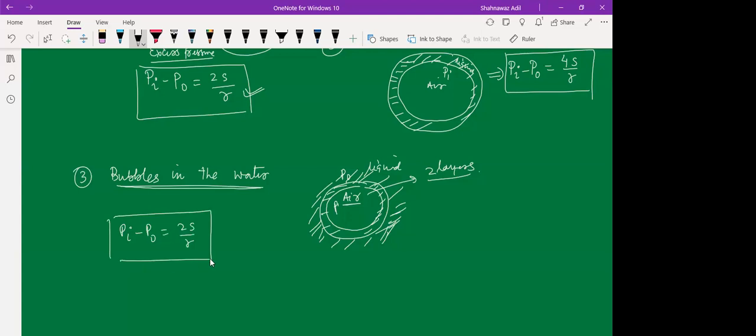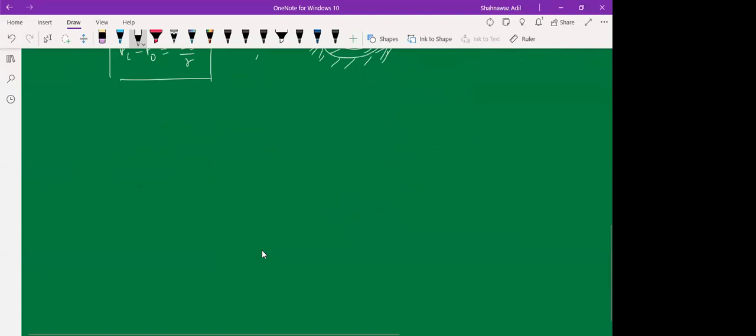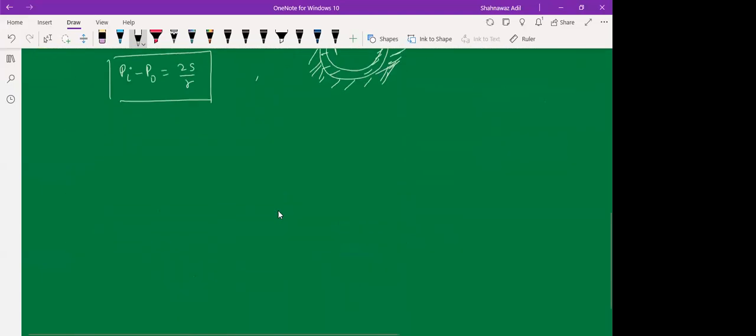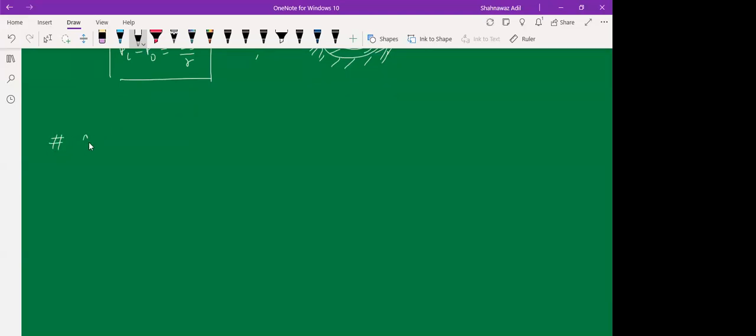So keeping these things in our mind, let us understand the capillary ducts. Okay. So now let us understand capillary ducts.